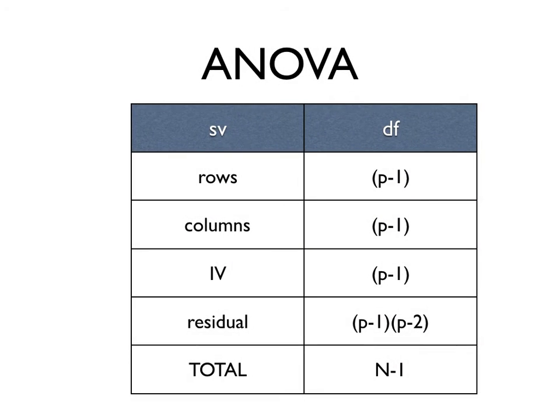So the ANOVA looks like this: rows, columns, independent variable, residual, and total. There are P rows, P columns, and P levels of the independent variable.